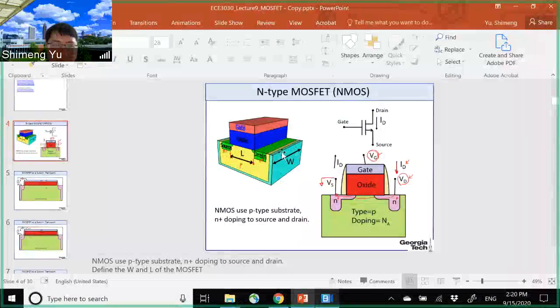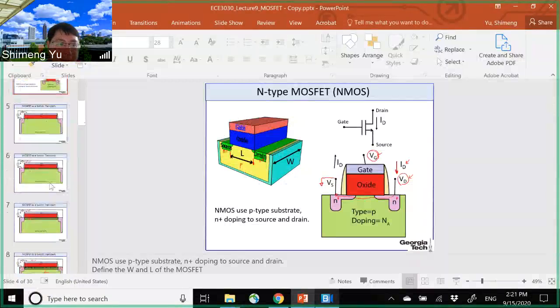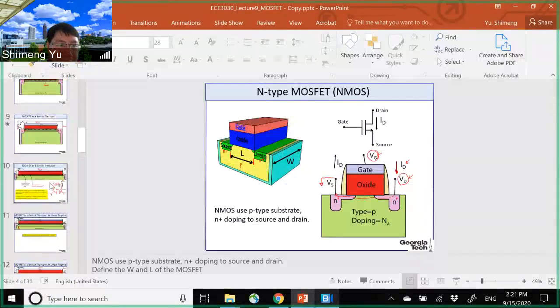So that means we are looking at the density along this W direction. We want to squeeze that into a two-dimensional space. So if we have a larger W, we are going to have more charge in this two-dimensional cross-section. That's why we need to multiply by W.